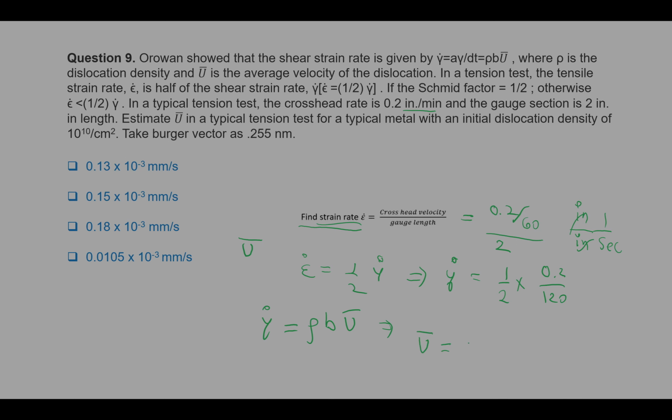Rho they have given already, 10 to the power 10. Since they have given everything in millimeter, we just convert the centimeter into millimeter. So 10 to the power 8.